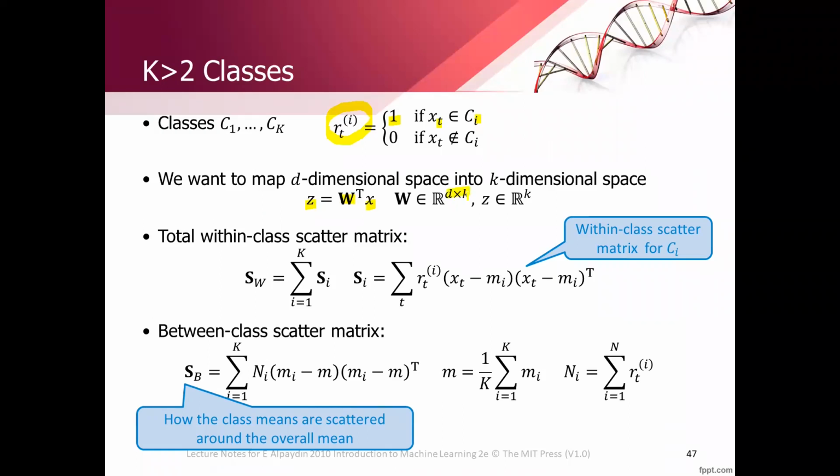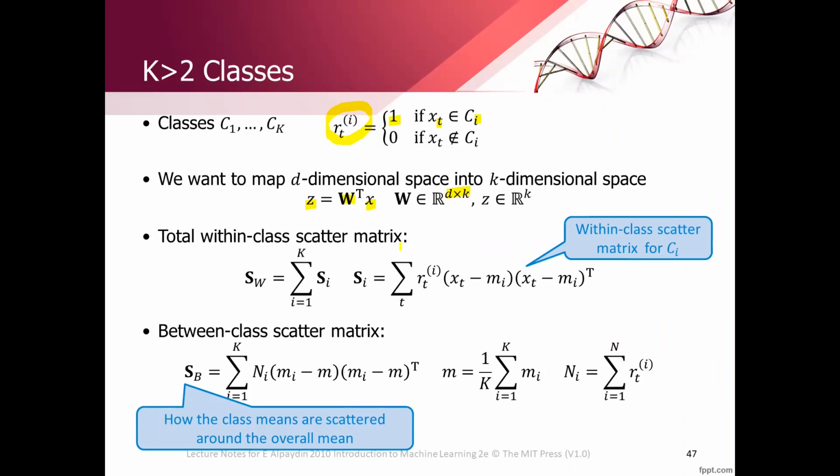D is the original number of dimensions, so the original observations, and K is the new number of dimensions after the transformation. And the formulas are only a little more general.